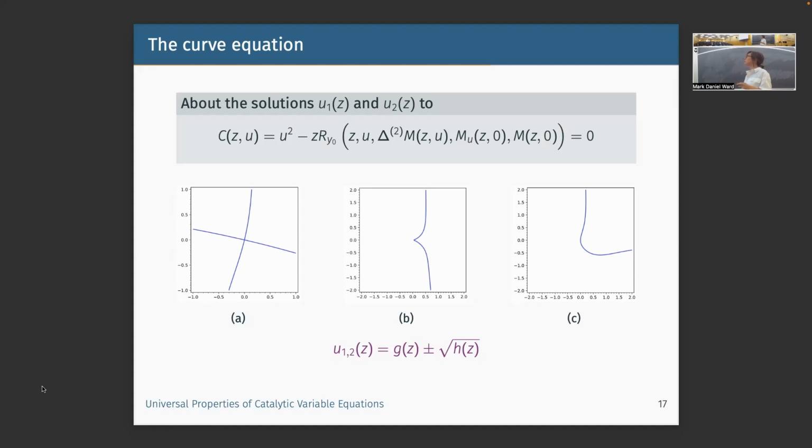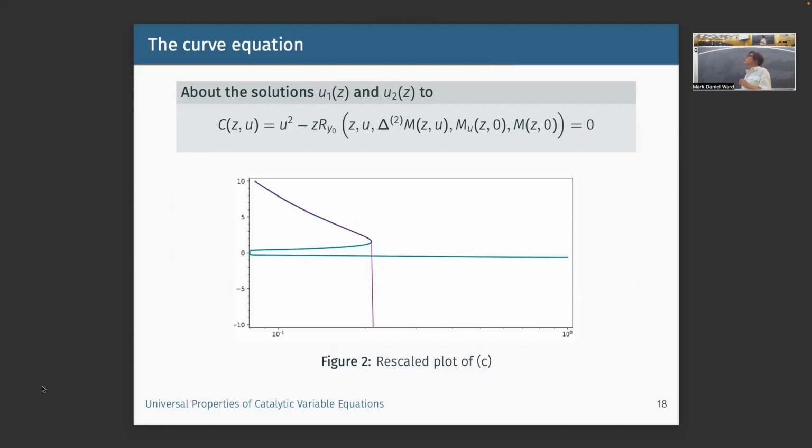I'll show you a scatter plot here. This is just the real numbers, and this magenta curve marks the boundary of convergence of M_z,u. If z becomes this large, then M_z,u or M_z0 both become singular. This is in general the boundary of convergence at this point, but also for smaller z, u could become larger, and this would then be the boundary.